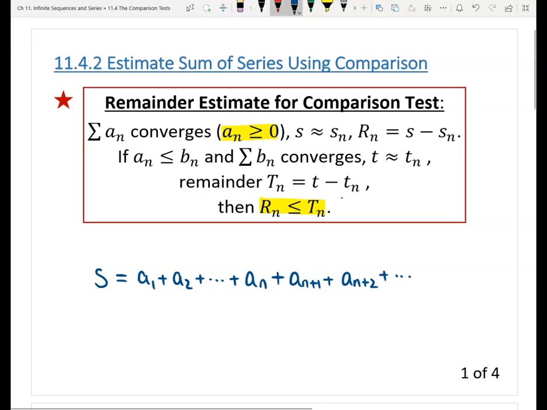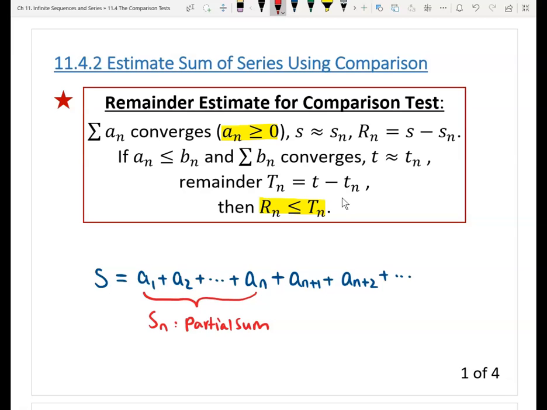Now what do we have? We have the first n terms put together, which is a partial sum, so we describe it as Sn. This is just a partial sum. This is an estimate for the sum.